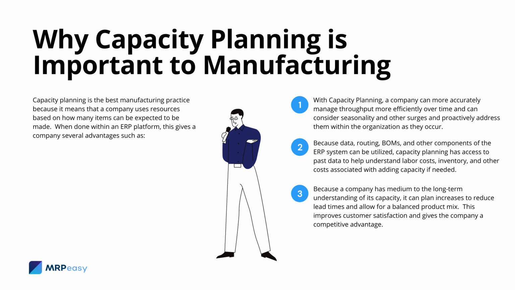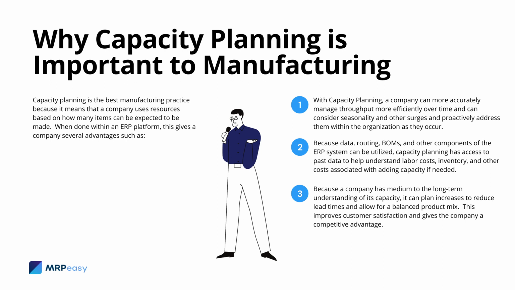Because data, routing, BOMs, and other components of the ERP system can be utilized, capacity planning has access to past data to help understand labor costs, inventory, and other costs associated with adding capacity if needed. Because a company has medium to long-term understanding of its capacity, it can plan increases to reduce lead times and allow for a balanced product mix.